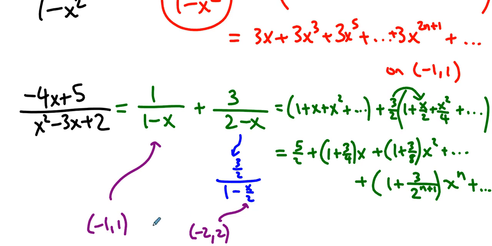So whatever the intersection is between those sets is going to be the interval of convergence. This one lives inside of that one, and so it's true on -1 to 1. We can really mess with power series in some pretty serious ways. I'll give you one more just for fun.